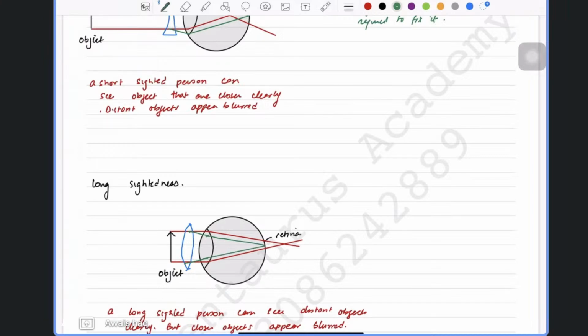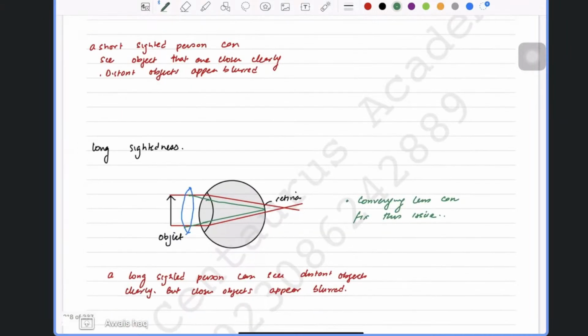So that would fix it. So we can say a converging lens can fix this issue. Is it clear, everyone? Any questions? No. Okay, good. Okay, please draw this and then we're going to go forward.